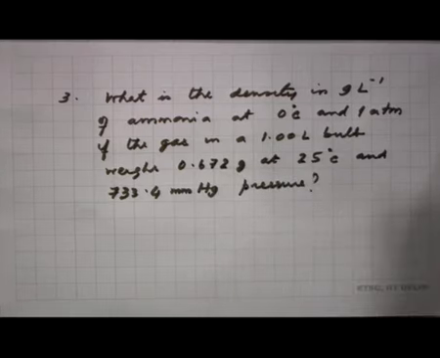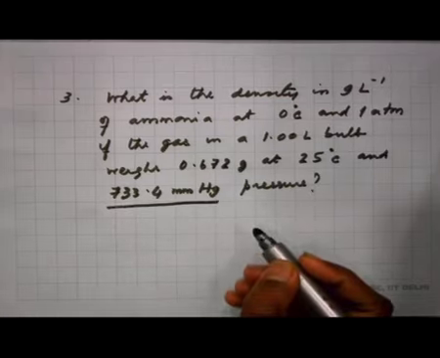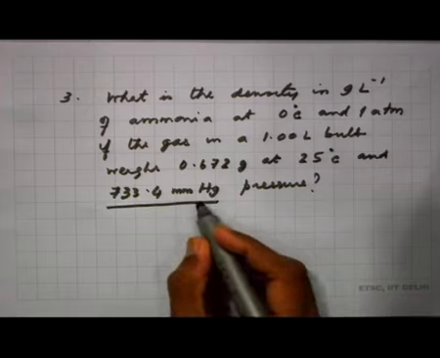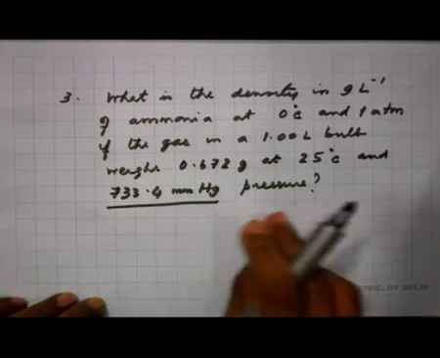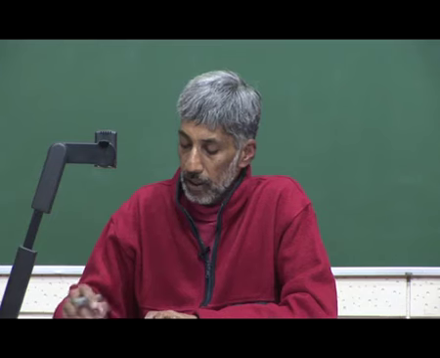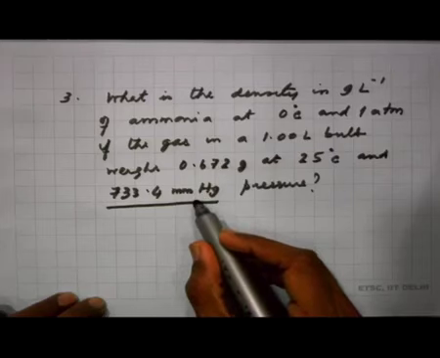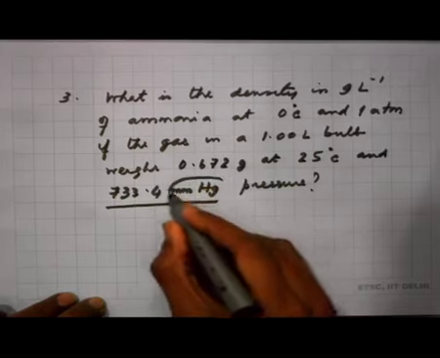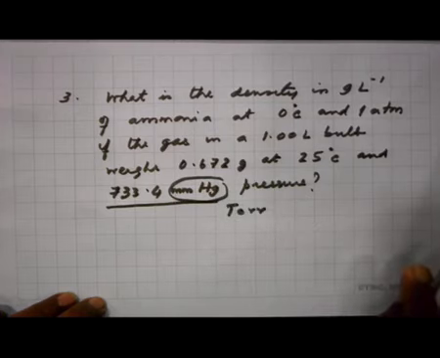This is a convoluted question. It introduces a lot of things. For example, you are looking at pressure in a completely different unit, 733.4 millimeters of mercury. Very often you will come across gas behavior expressed with pressure in many units. This is one unit that you might come across, millimeters of mercury, which is also called the Torricelli, abbreviated torr.